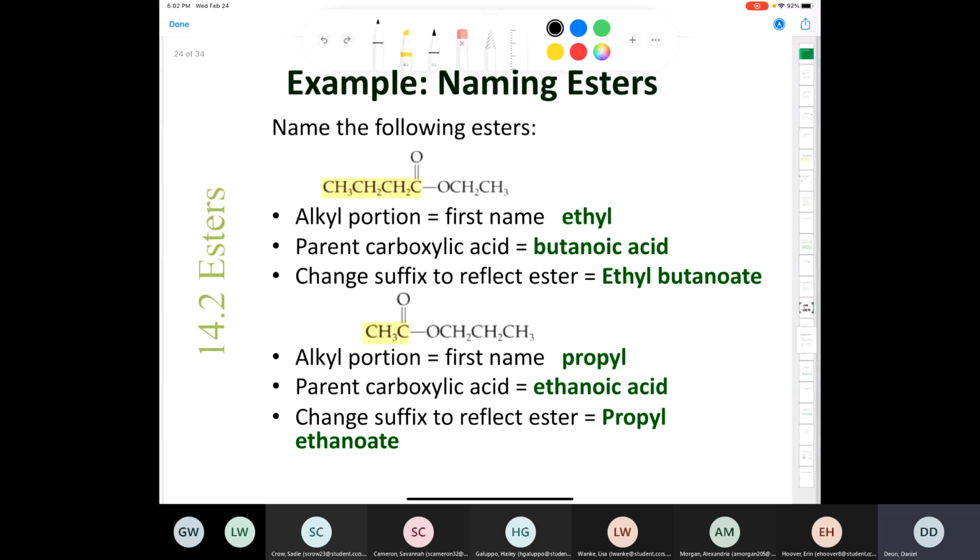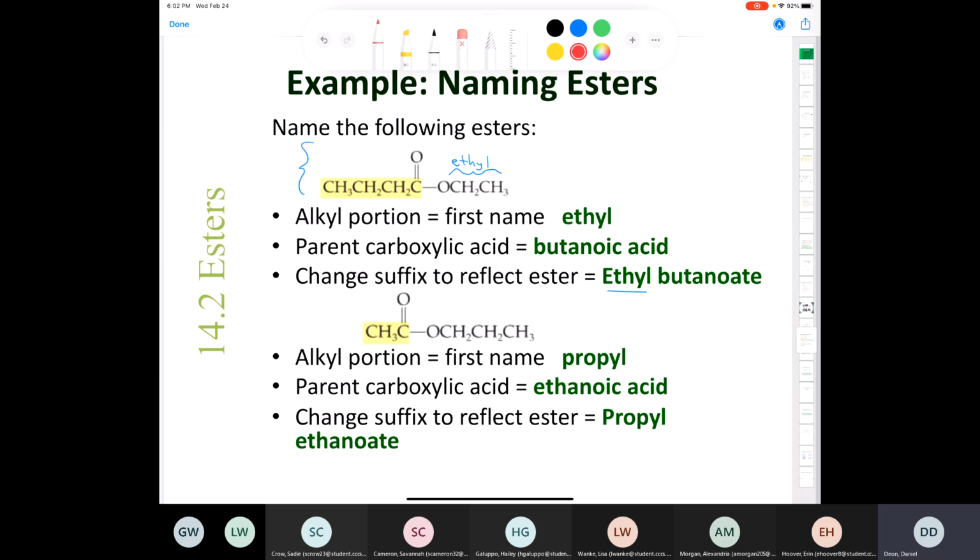We have an ester right here, a beautiful ester. Notice there's a carbon-oxygen double bond and a carbon-oxygen single bond. The part with the single bond is our alkyl group, and you can see that it is an ethyl. That means the name must be ethyl something.